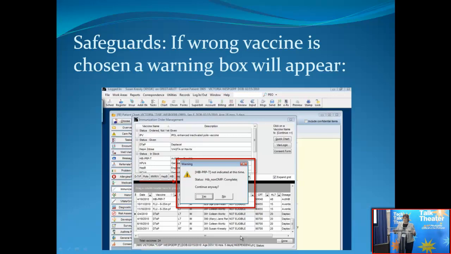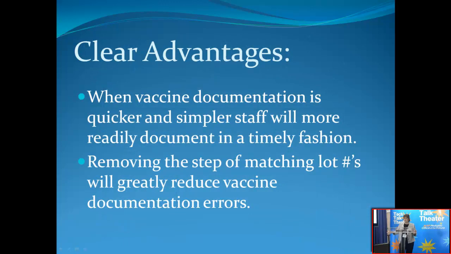Okay? So when we look at what the advantages of this are, when vaccine documentation is quicker and simpler, your staff will really be more compliant with documentation. Because one of the biggest issues that we really face with the EMRs is that people will forget to put the vaccine in the system.